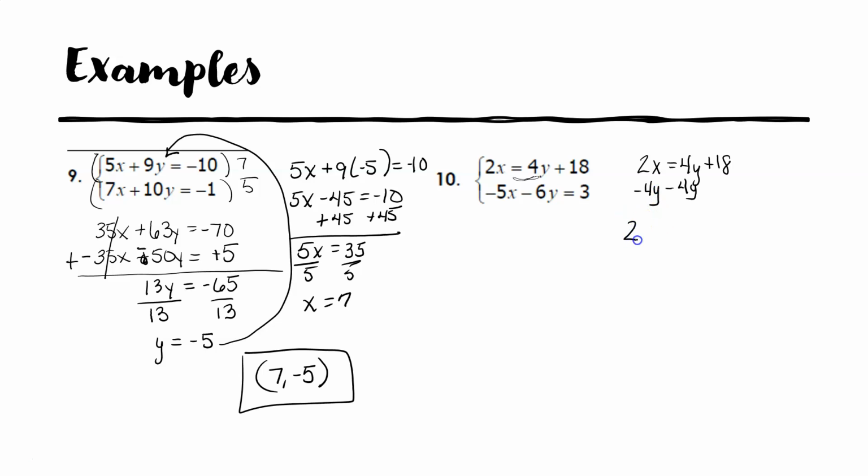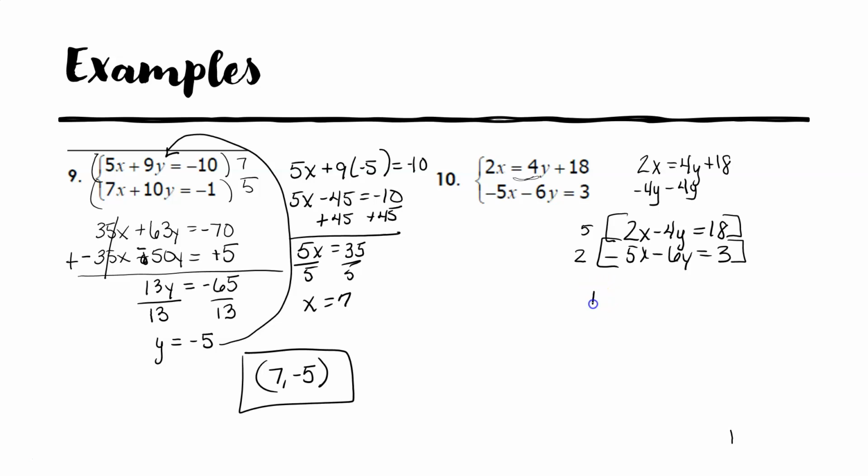So now I have 2x minus 4y equals 18. And I'm going to have negative 5x minus 6y equals 3. And you know what? I like to keep this small. So I'm going to multiply this by 5 and this one by 2 so that I can eliminate my x's.